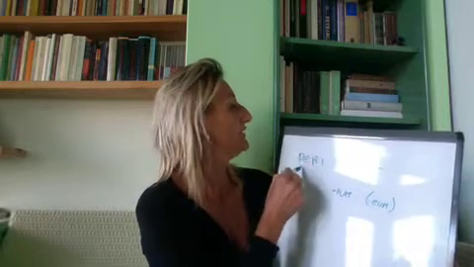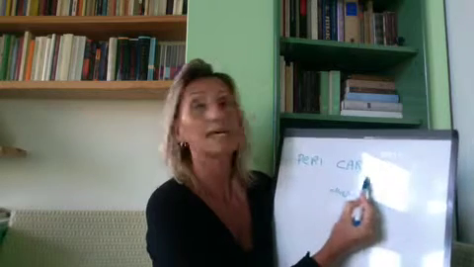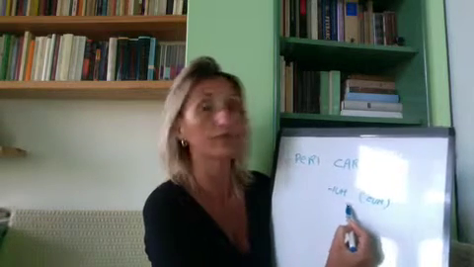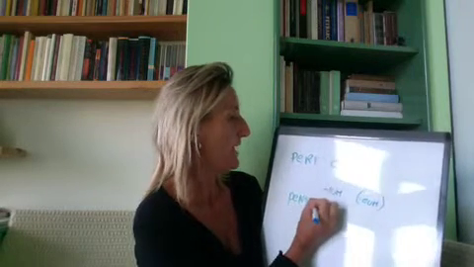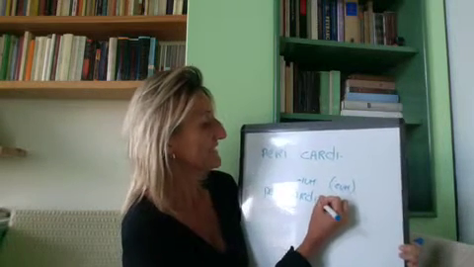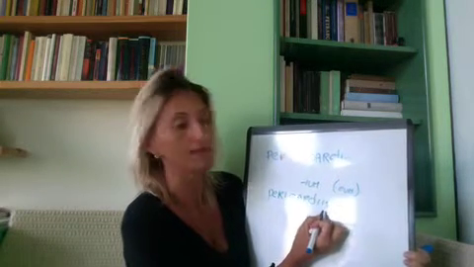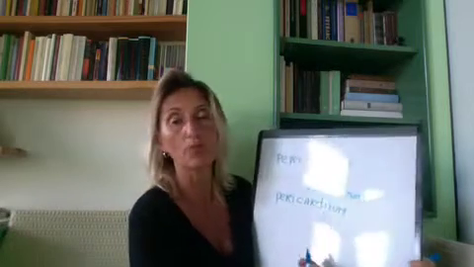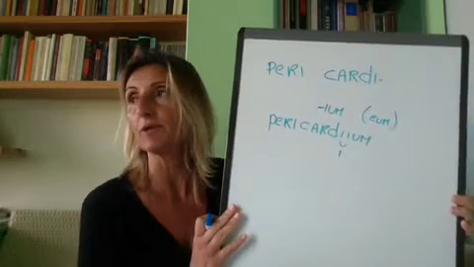So in order to describe a membrane around the heart, you will use the prefix peri meaning around, the term cardi indicating the heart, and the suffix ium indicating a membrane, and you get the word pericardium. Two i's usually combine into one. You either drop one or just combine them into one, so you get pericardium as a membrane around the heart.